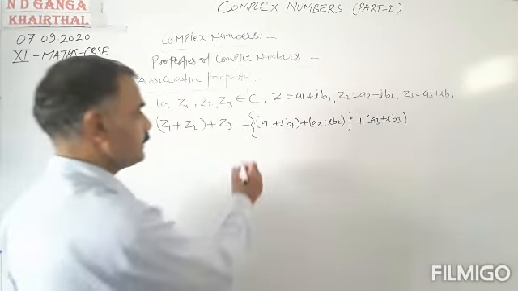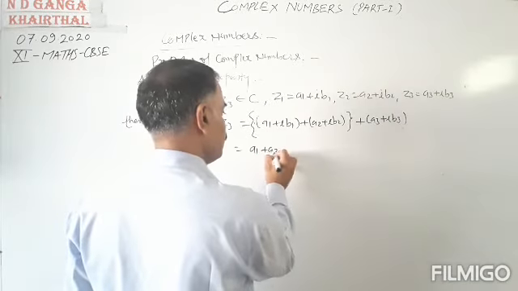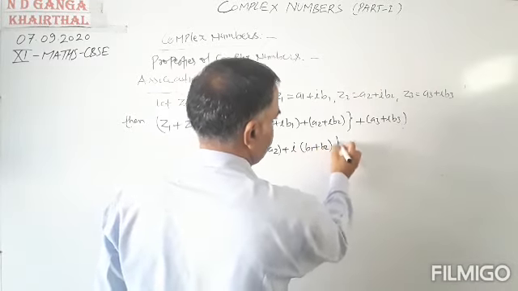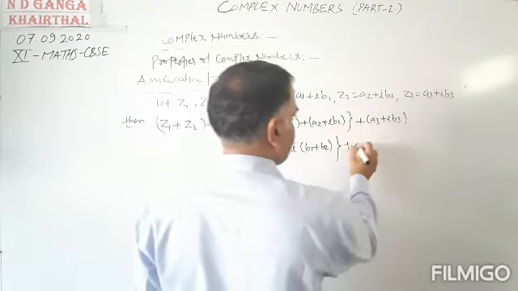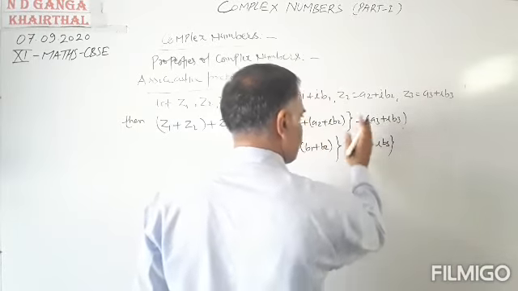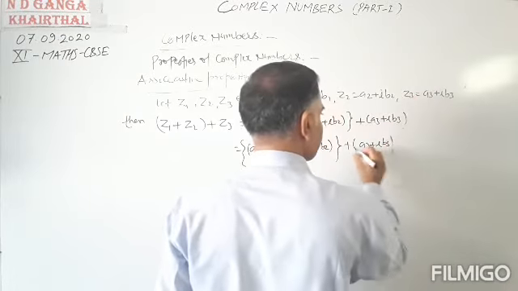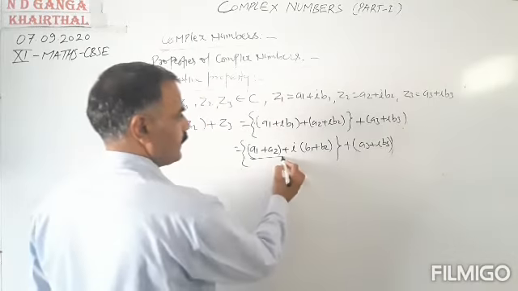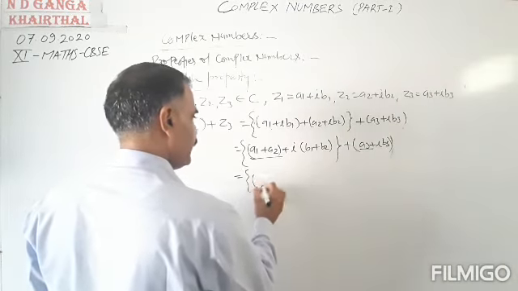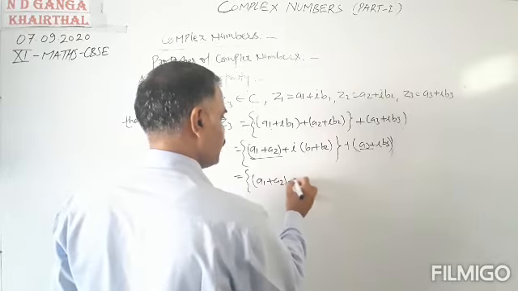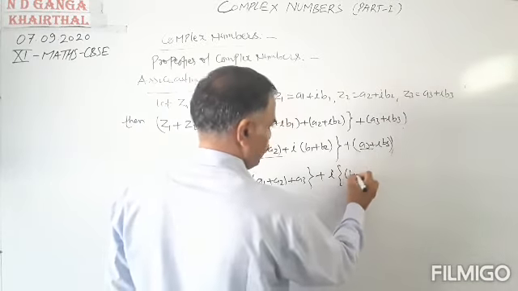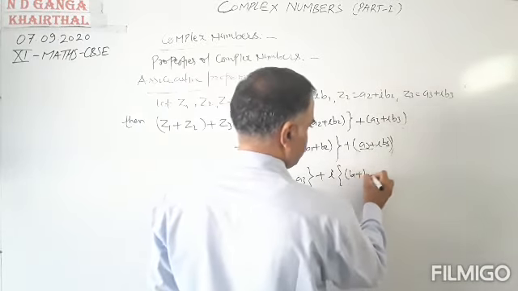Now this is equal to A1 plus A2 plus iota B1 plus B2 and plus A3 plus iota B3, and this is the real part of this and this is the real part of this. So the real part will be A1 plus A2 plus A3 plus iota B1 plus B2 plus B3.